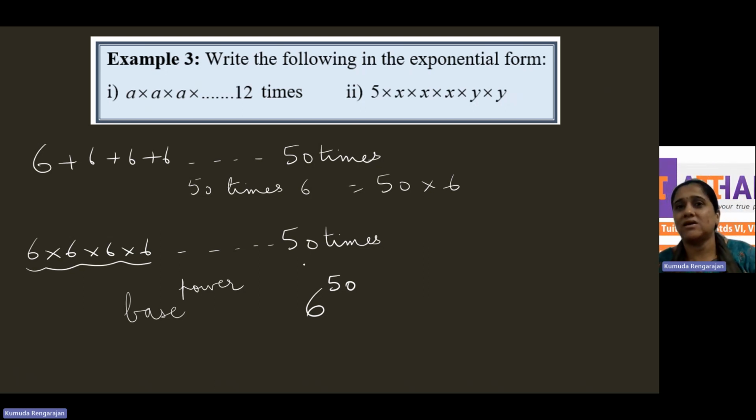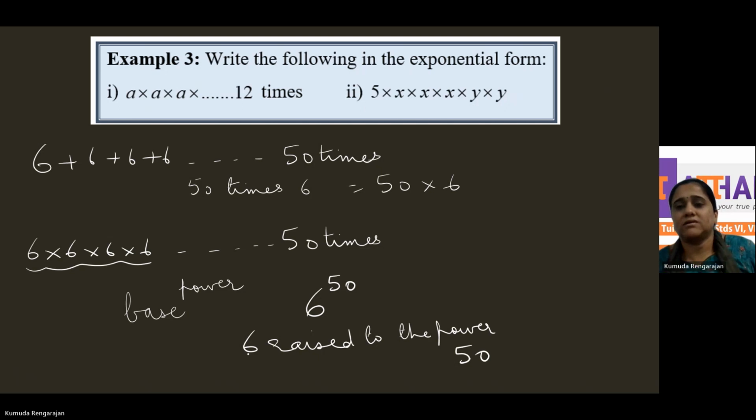That becomes the base. How many times? 50 times. That becomes the power. The number of times it is multiplied becomes the power. So how do you read this? 6 raised to the power 50. 6 to the power 50.